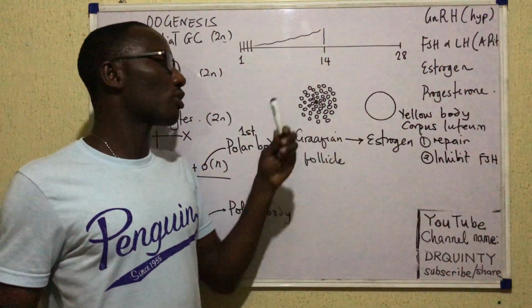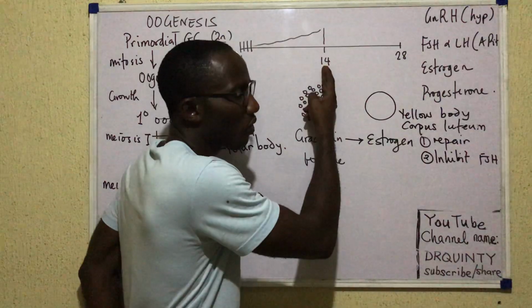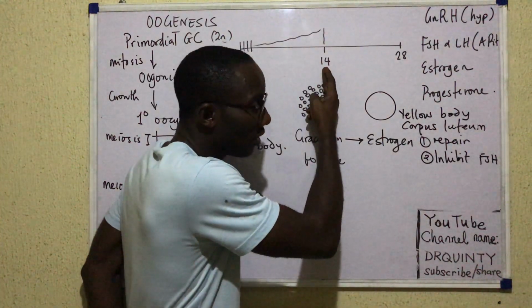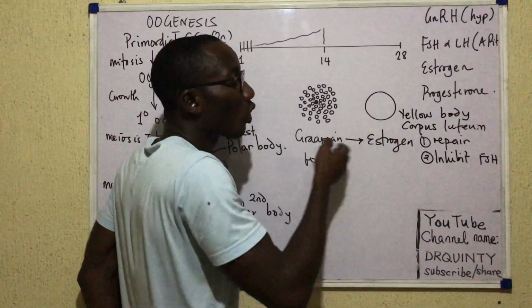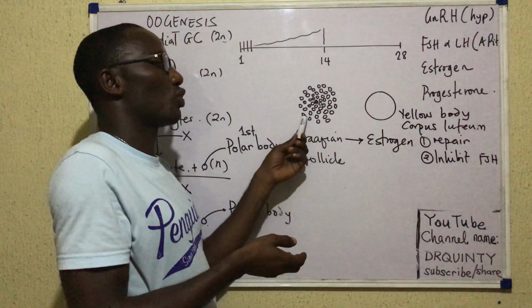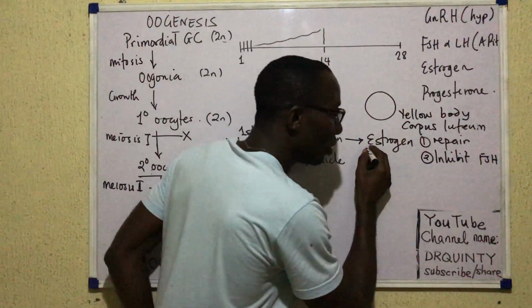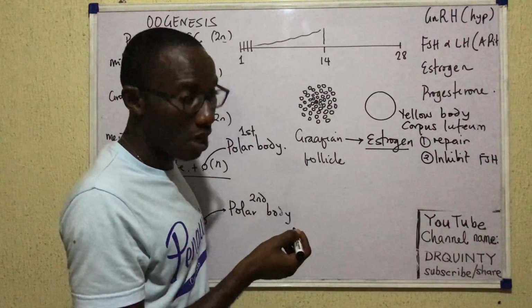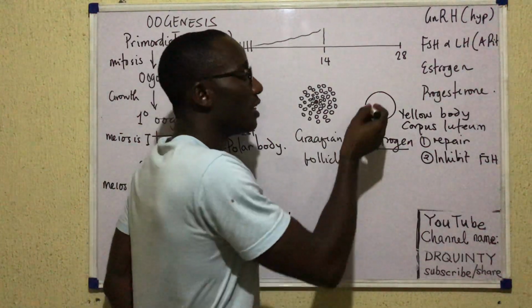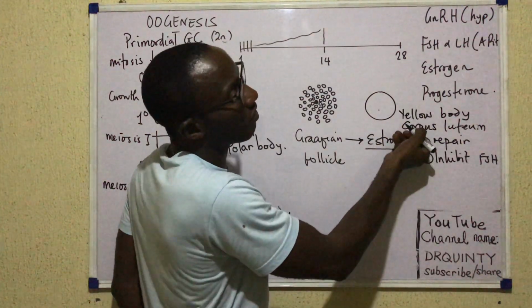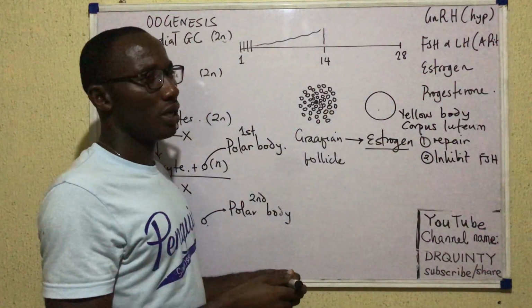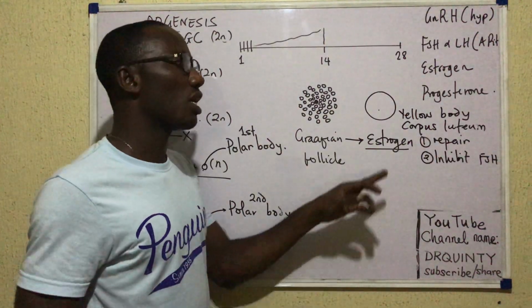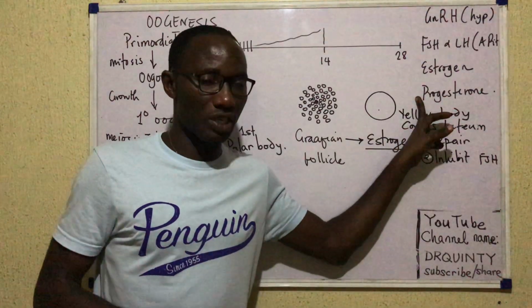After the corpus luteum has been formed somewhere around mid-cycle, it continues what it was doing before, which is production of estrogen. But not only that, the corpus luteum begins to secrete a second hormone in addition to estrogen, and that hormone is progesterone.